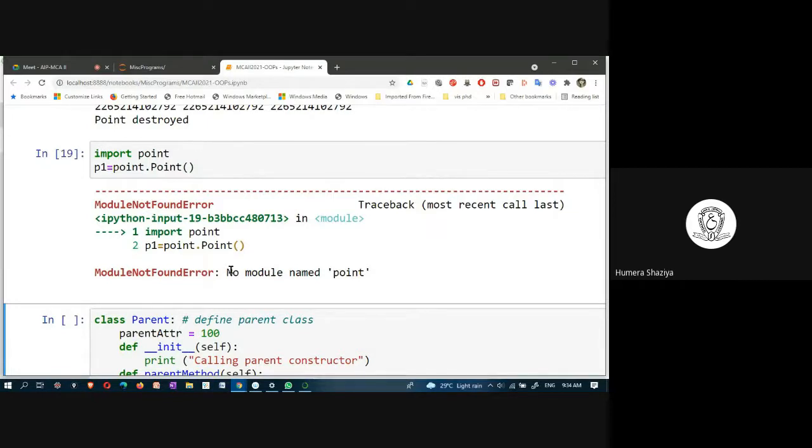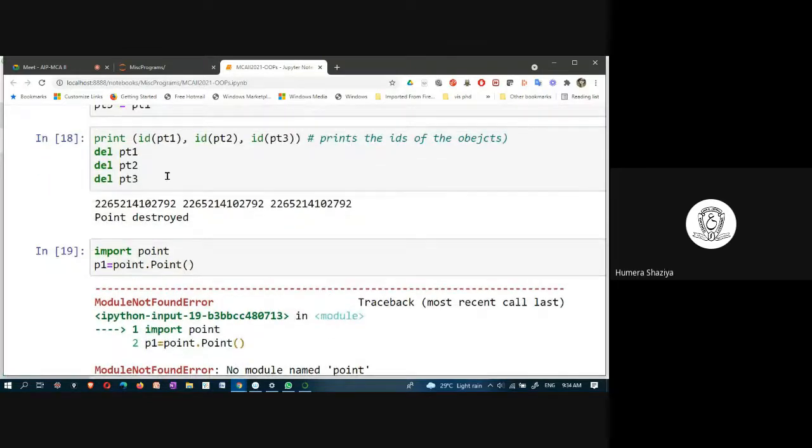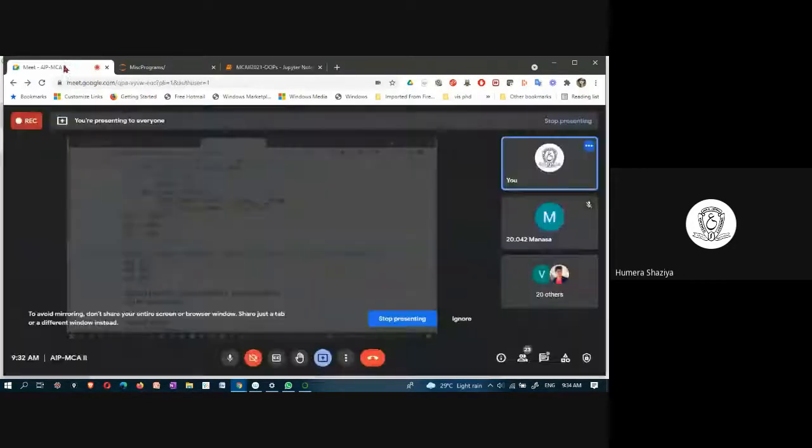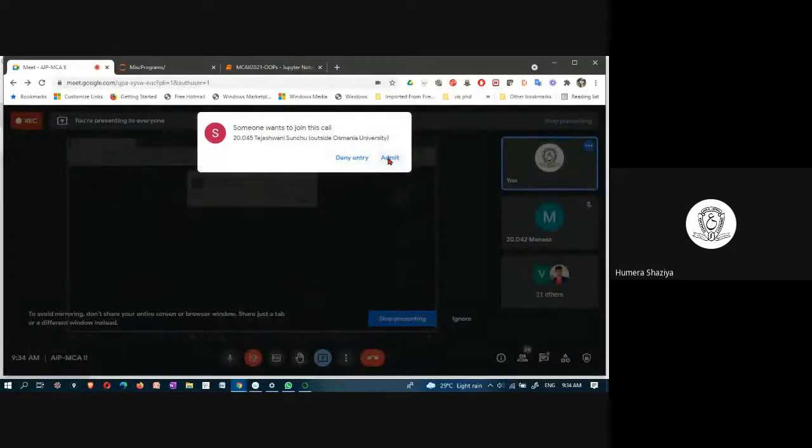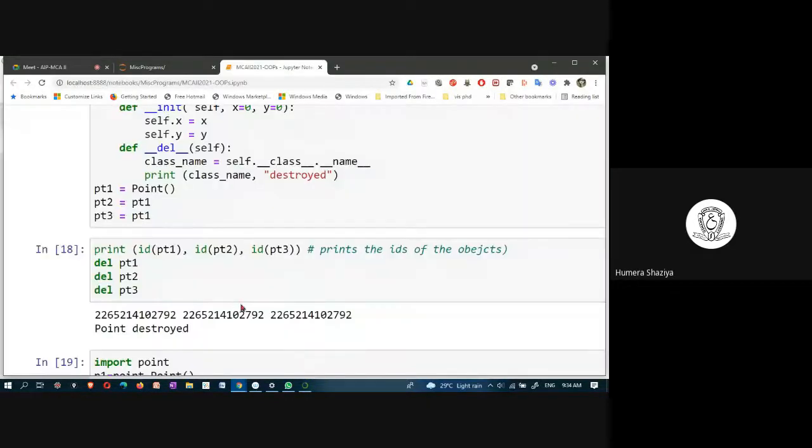Here it is printing the error: no module named point, because here Point is defined in a cell, not as a file.